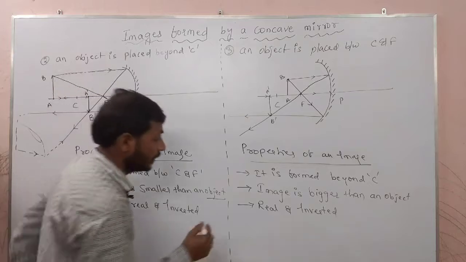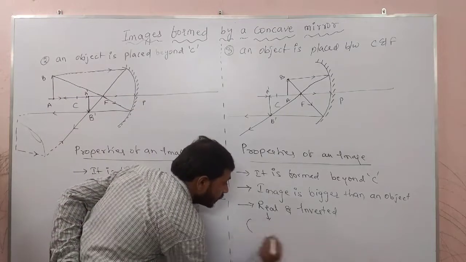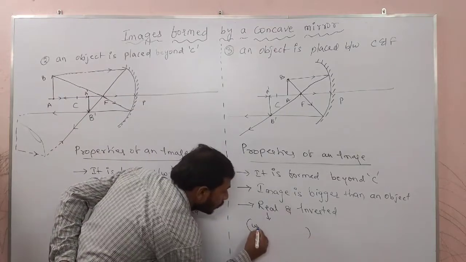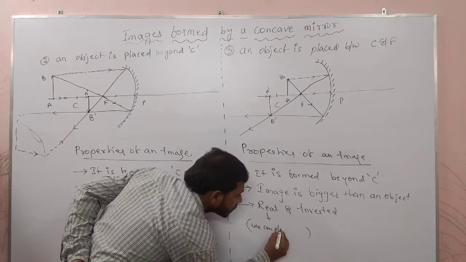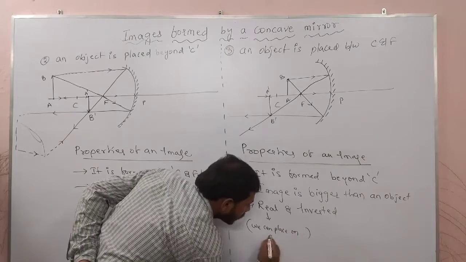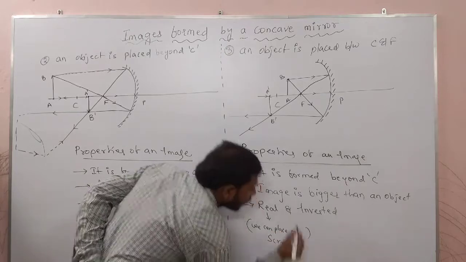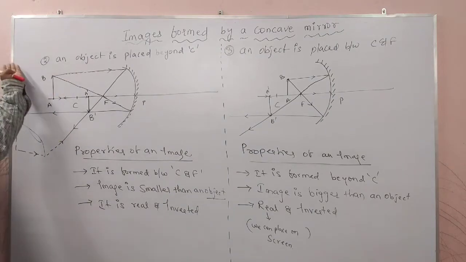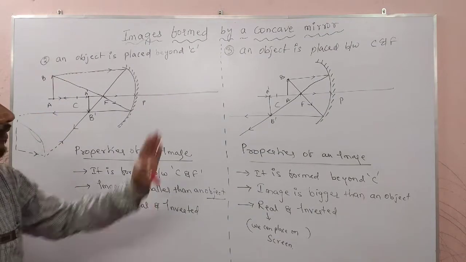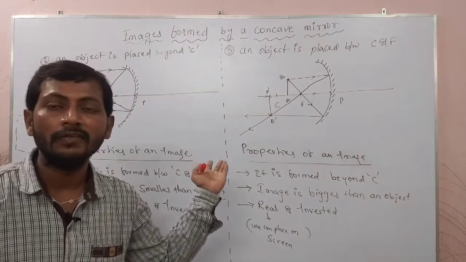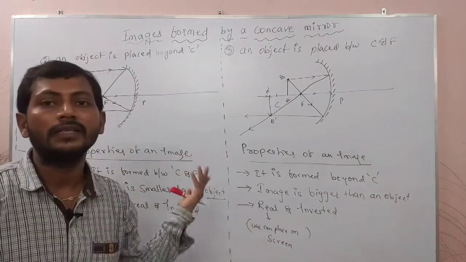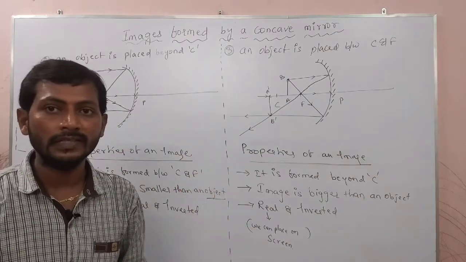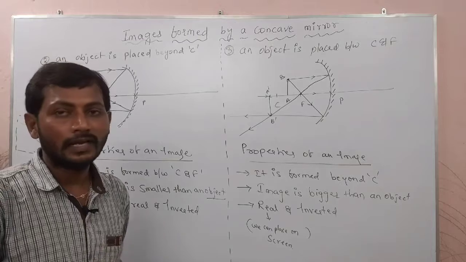What is meant by real, I am again repeating this important thing to you: we can place it on the screen. So when the object is behind the C, the image is between C and F. When the object is between C and F, the image is beyond the C. I hope you understood these two cases. Okay, we will go to the next two cases.